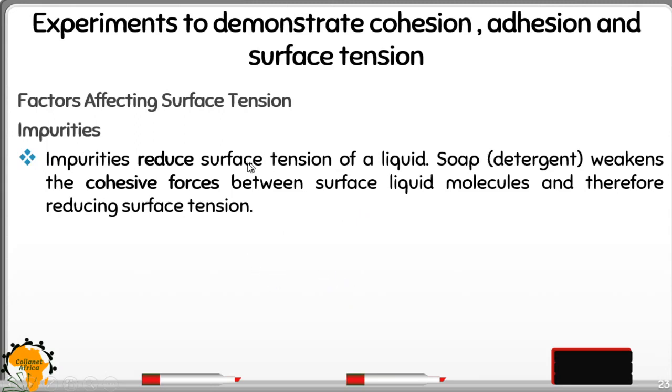You will find that your needle or your razor blade was floating, but on putting the soap solution, that needle will sink immediately, because the soap solution weakens the cohesive force, and this cohesive force is the one responsible for the surface tension. So as you weaken the cohesive forces, you reduce the surface tension.